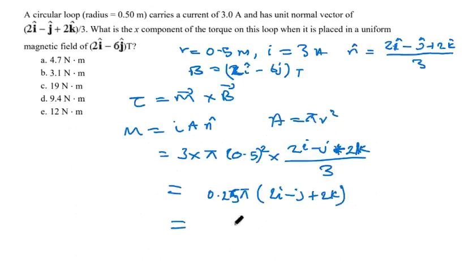If I use the 0.25 to open the bracket, I'll have pi times (0.5i minus 0.25j plus 0.5k). So this is what I have.